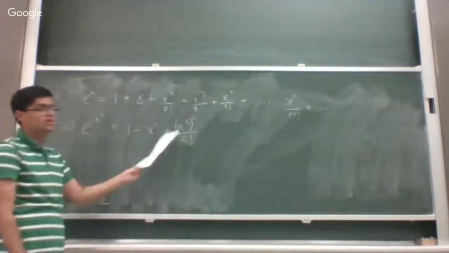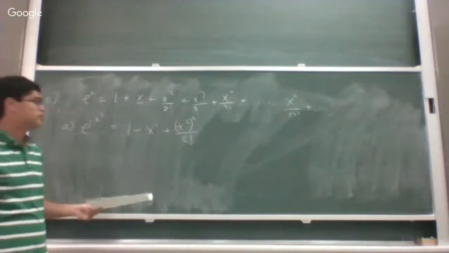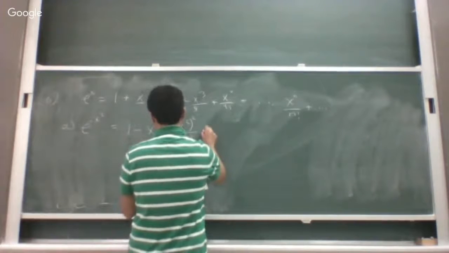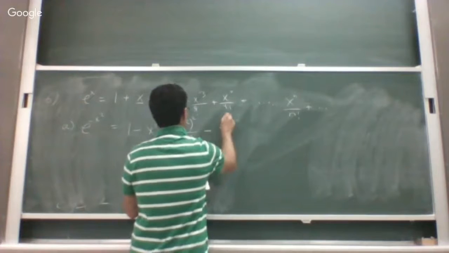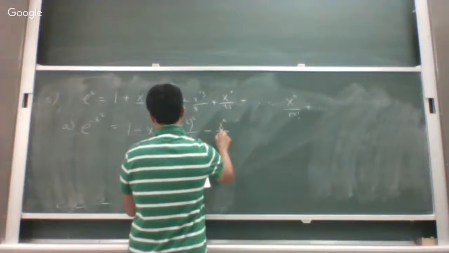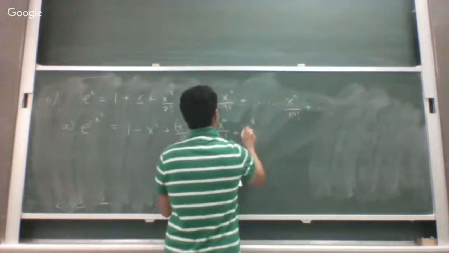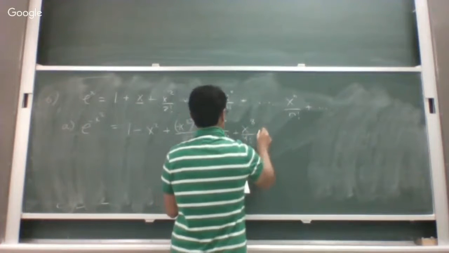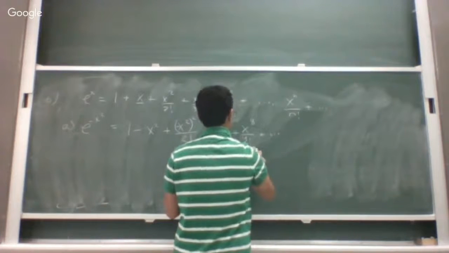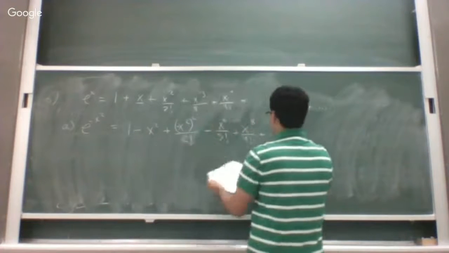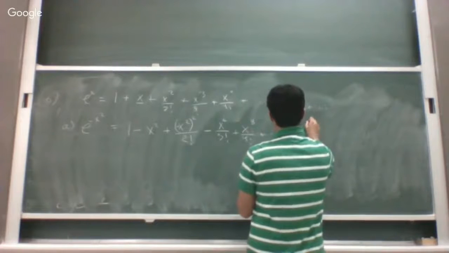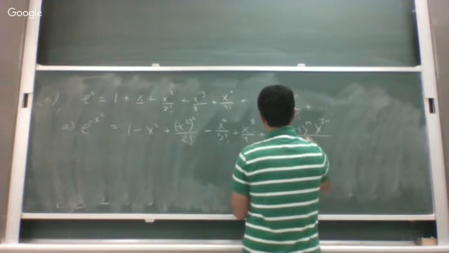You guys see how that's x to the 4th power? And then we have a minus x to the 6th over 3 factorial plus x to the 8th over 4 factorial plus dot dot dot. Since it's alternating now, we need a negative 1 to the n power times x to the 2n divided by n factorial.